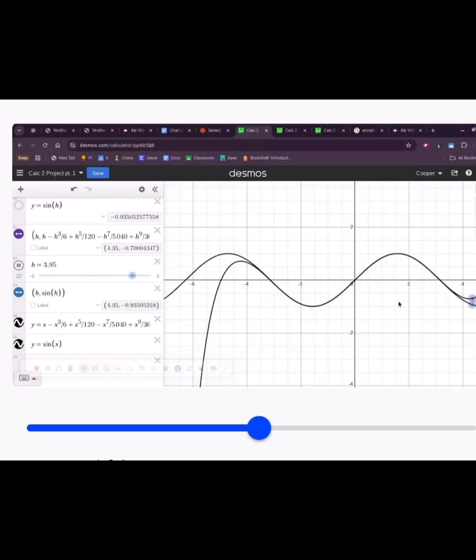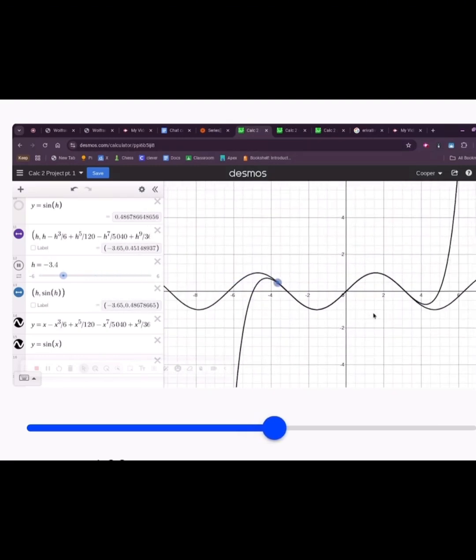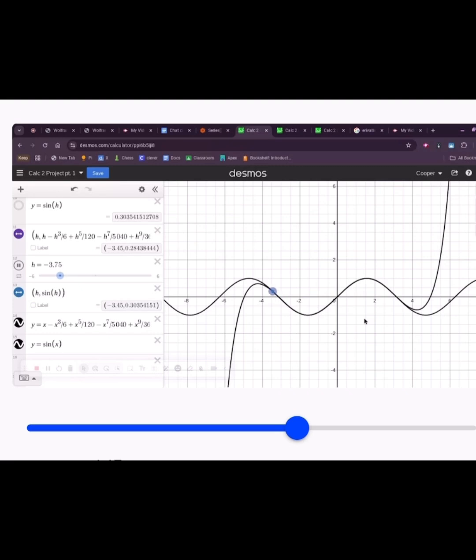So, instead of calculating the exact sine curve for every single frame that you're animating, which would be really slow, difficult for the computer, and take forever, it could just simply use this polynomial graph, which is way easier and follows the exact same curve.